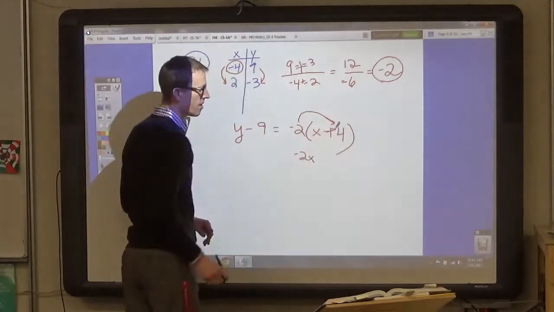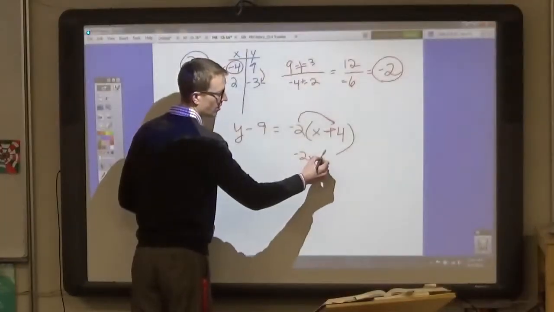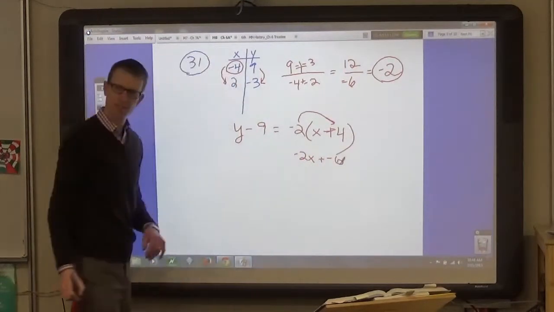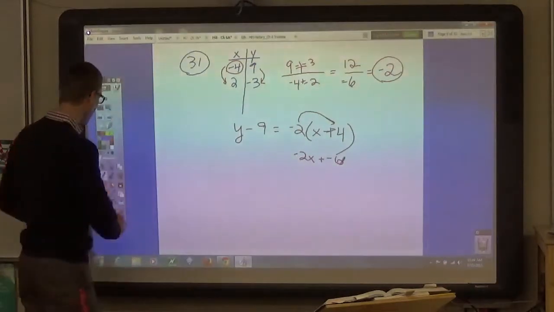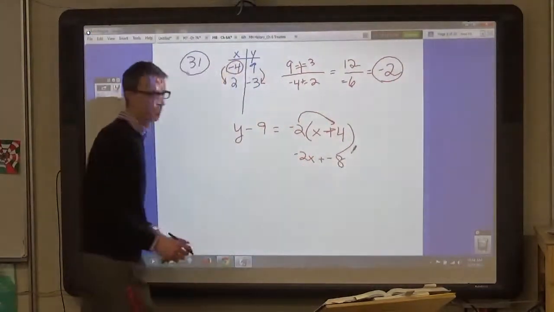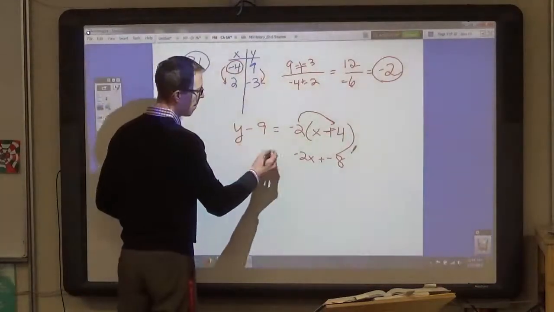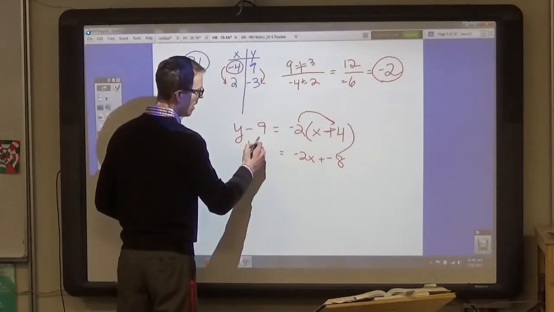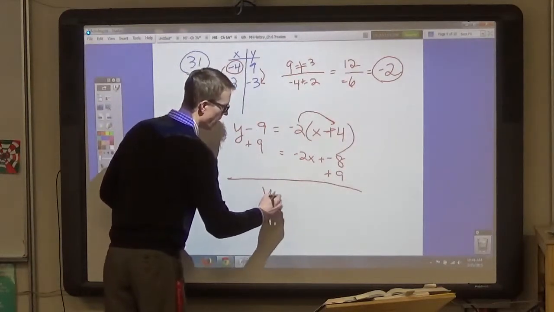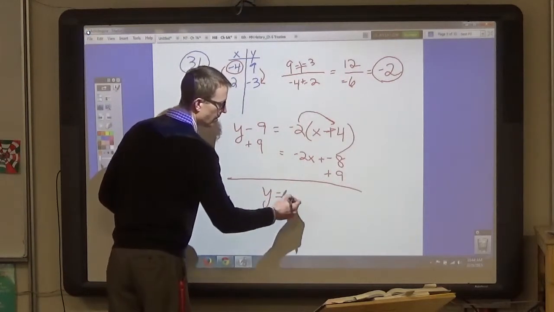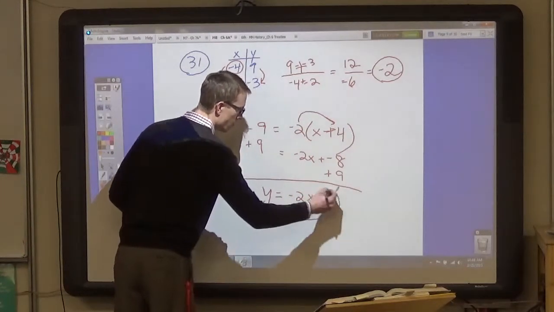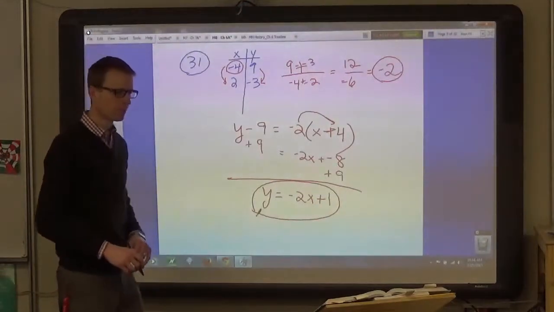This is a positive now, so that's negative 8, sorry. And then add 9 to both sides. y equals negative 2x plus 1. Yep.